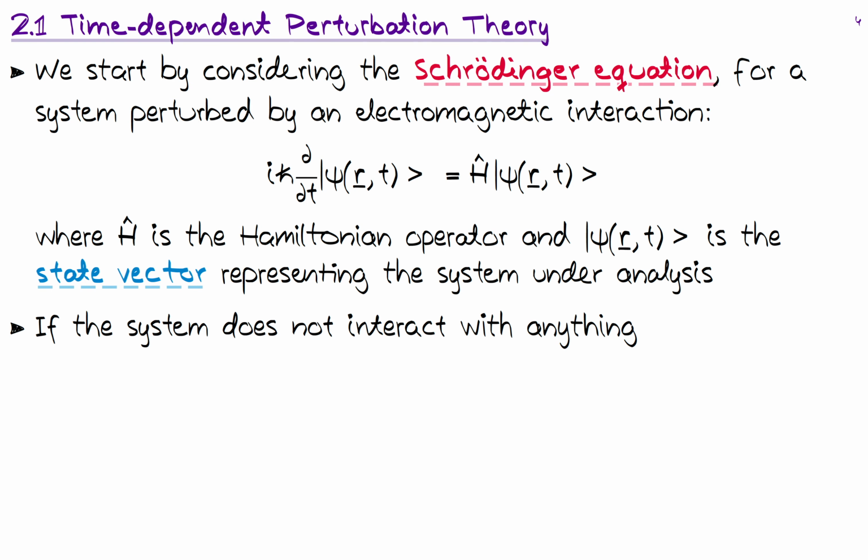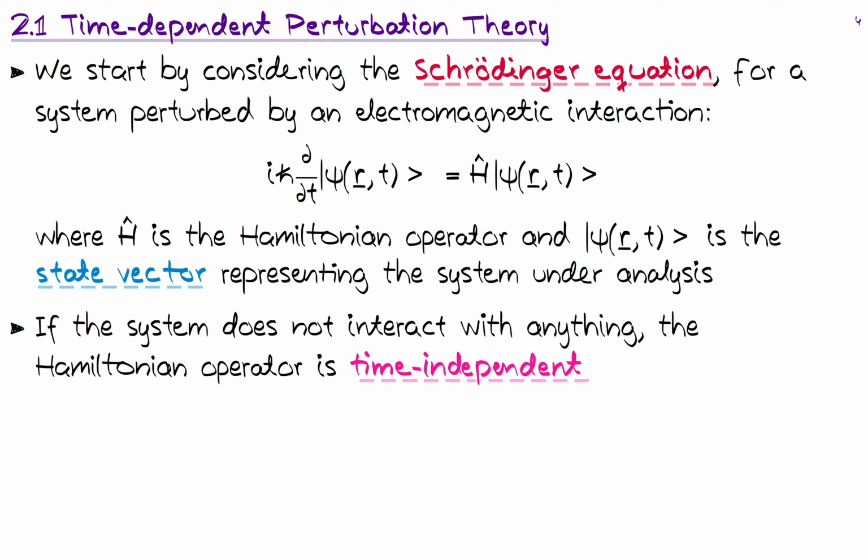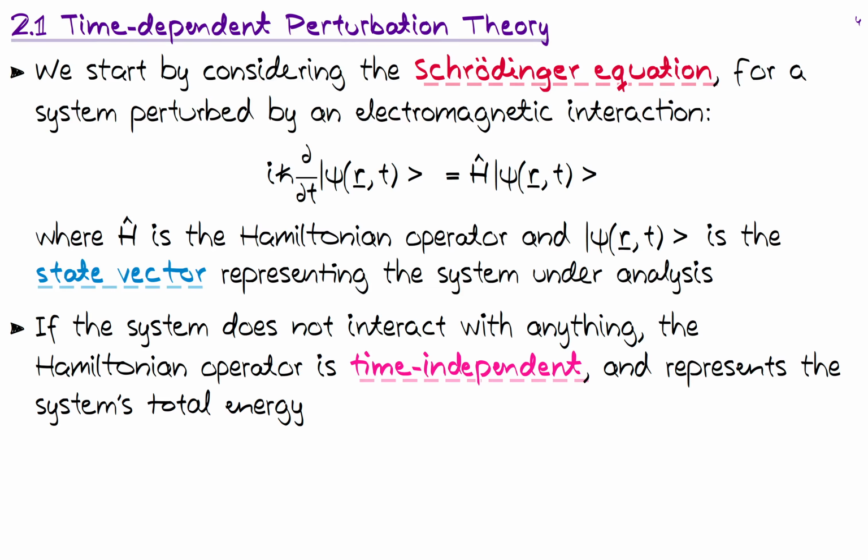Okay, if the system doesn't interact with anything, so we would not have any electric field incident on the system, then the Hamiltonian operator would basically be just a time-independent Hamiltonian. If we solved the Schrödinger equation, we would know the system's total energy, essentially the kinetic energy plus the potential energy, so the Hamiltonian would be of this form.